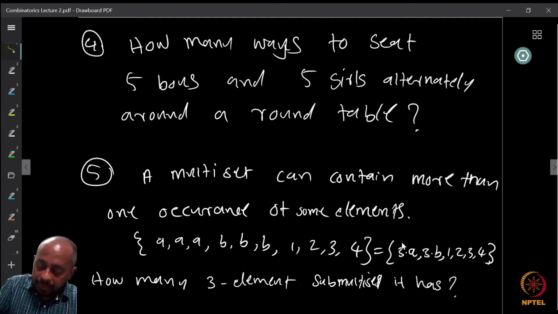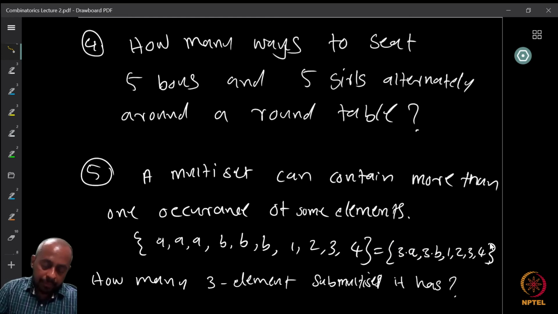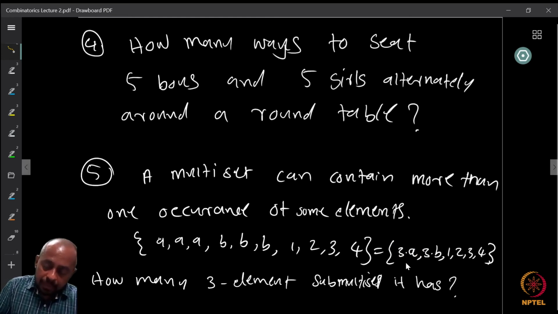If A is appearing 3 times, I write 3 dot A. B is appearing 3 times, I write 3 dot B. And 1, 2, 3, 4 appear only once, so I will not write anything, just the numbers. So this notation represents precisely this set. Just for later references, we might use this notation.